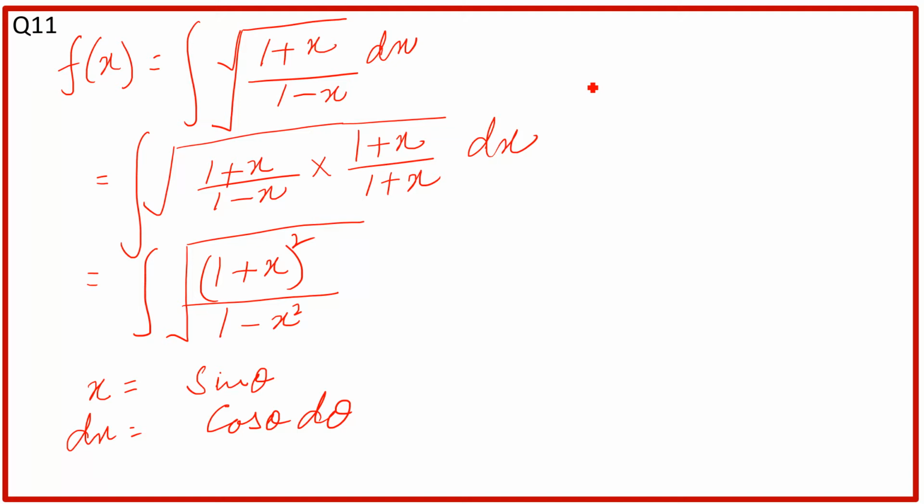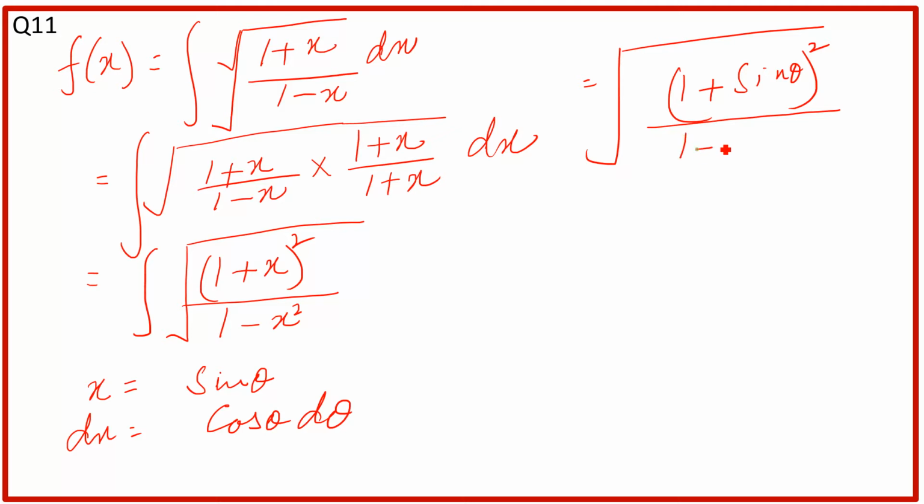So I can do here, it will be equal to 1 plus sine theta square, because in the numerator we have 1 plus x whole square. So 1 plus sine theta whole square divided by 1 minus sine square theta. This is not whole square, this is only x square. So this square will cancel this under root.